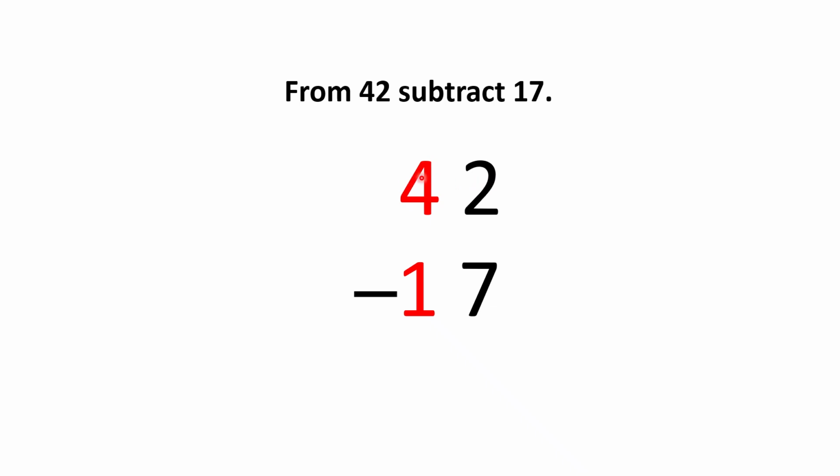The child should say this as 4 tens, 2 units, minus 1 ten, 7 units. After writing, the child should read this as 4 tens 2 units, 42, minus 1 ten 7 units, 17. Tell the child to read it like this.